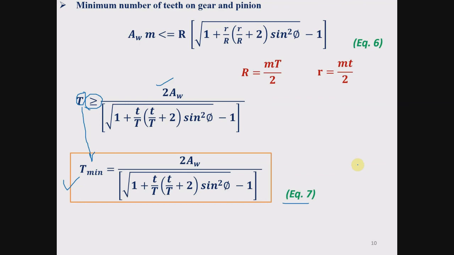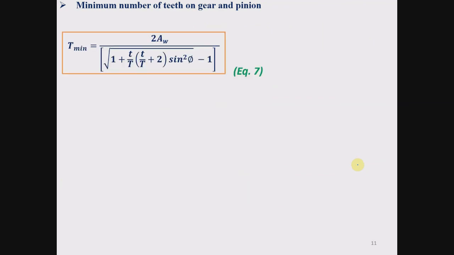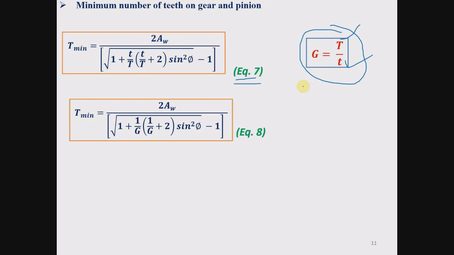Now what we know, we'll further simplify this equation. Last step, we know that gear ratio equals capital T by small t. Gear ratio is number of teeth on gear wheel divided by number of teeth on pinion. And here we have small t by capital T, which is 1 upon G. So the final equation for minimum number of teeth on gear is in terms of gear ratio G. So write down equation number 8.